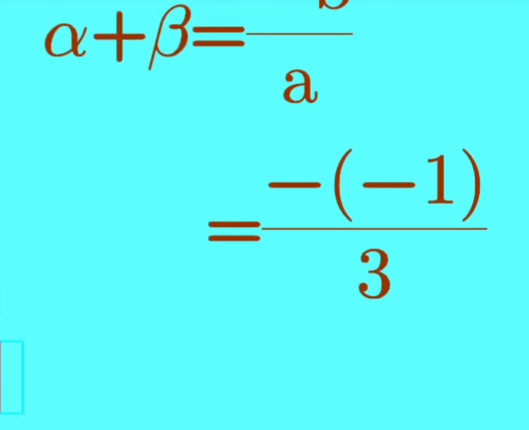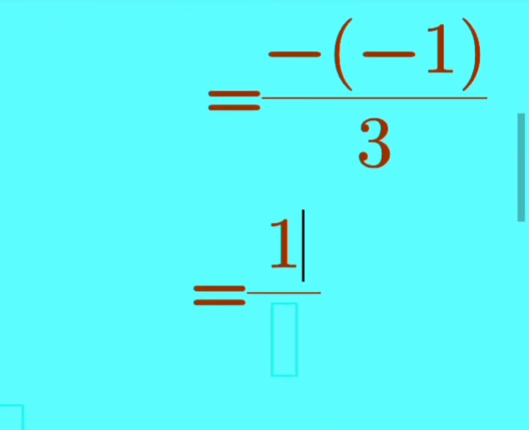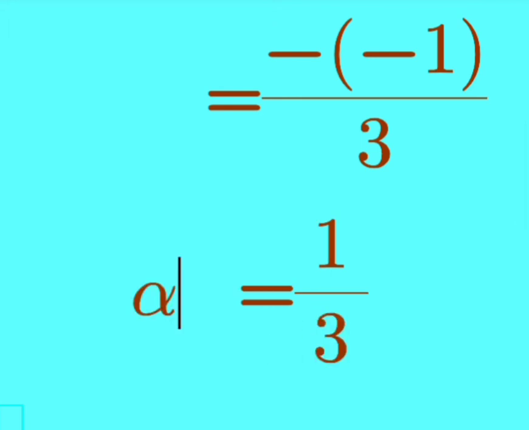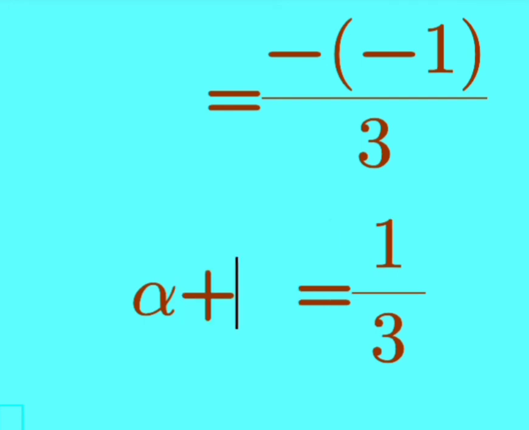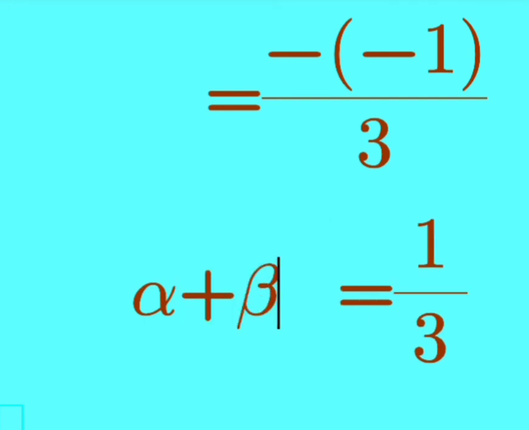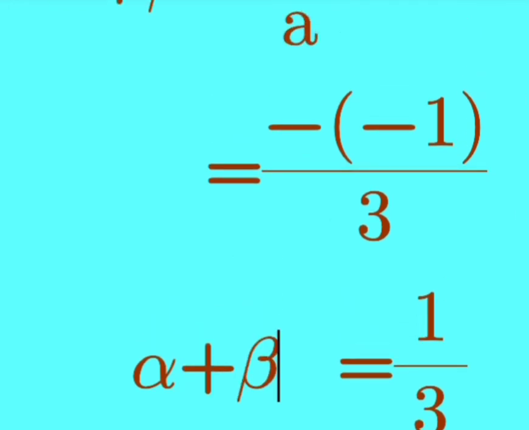Therefore instead of b we are putting minus 1, divided by the value of a, that is the coefficient of x squared in the general form and the coefficient of y squared in the given sum, that is 3. Next step, minus into minus is plus, therefore we get 1 by 3. Therefore, the sum of the roots alpha plus beta is equal to 1 by 3.